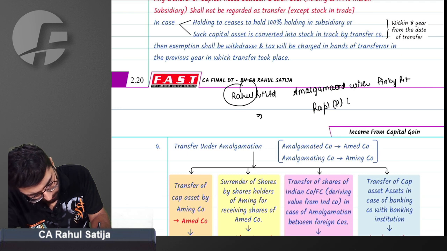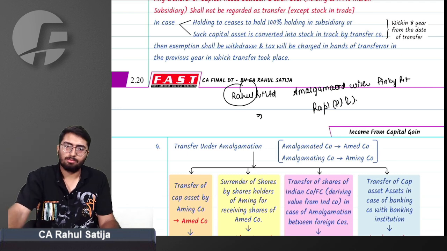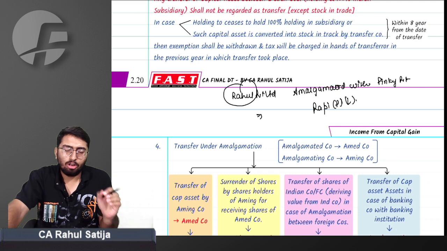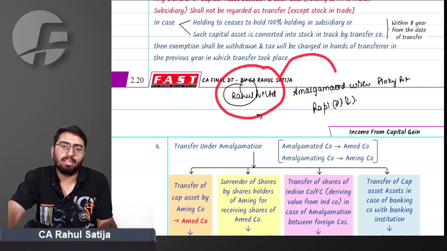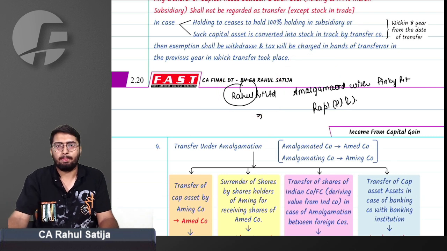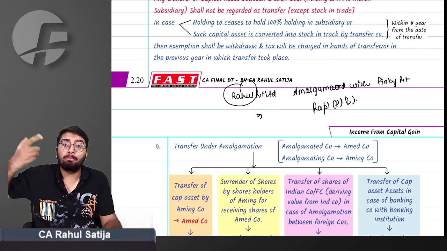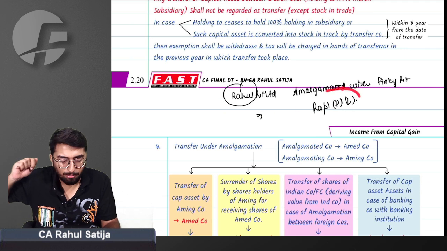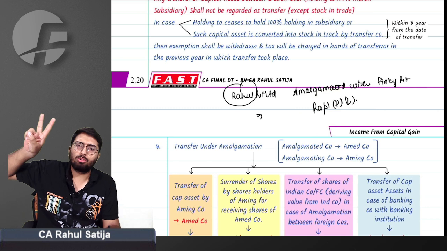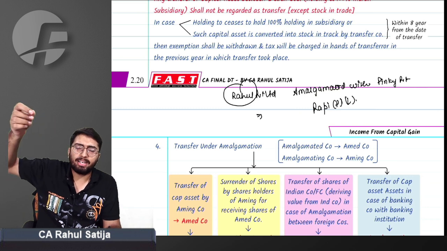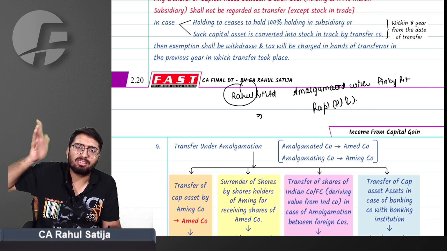In this case, Rahul Private Limited, which is being amalgamated, is the amalgamating company. Two terms have to be very clear: the amalgamating company, which is getting amalgamated, and the amalgamated company, which is the resultant company.